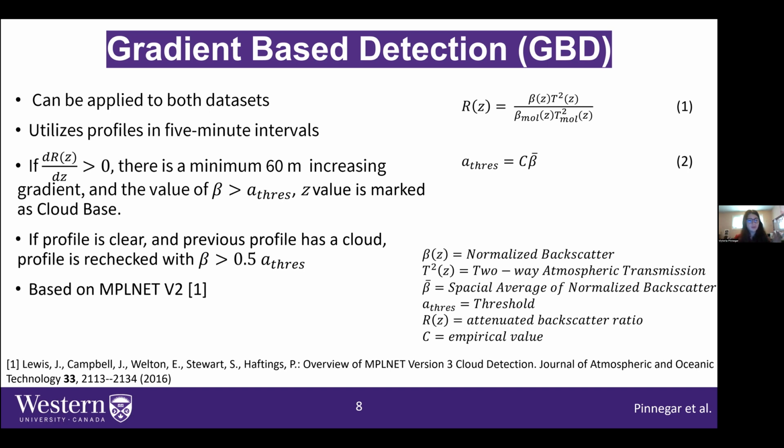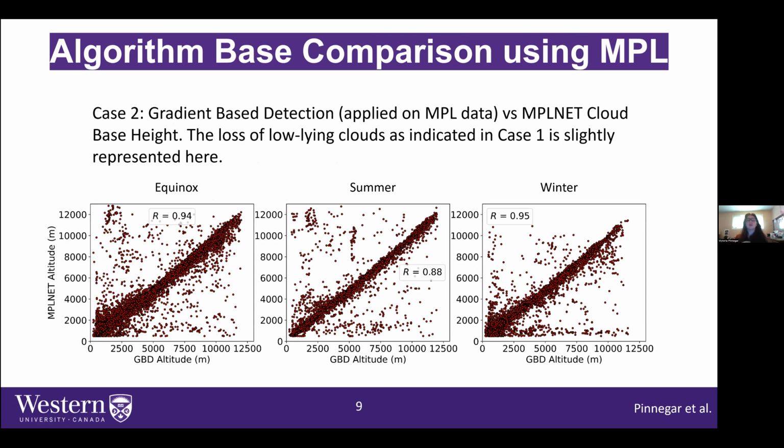So by applying this to our MPL data set to check if it was relatively accurate to what the version 3 was producing, we looked at the MPLNet on the Y and the gradient based on the X to see if we had reduced the populations above that regression line.